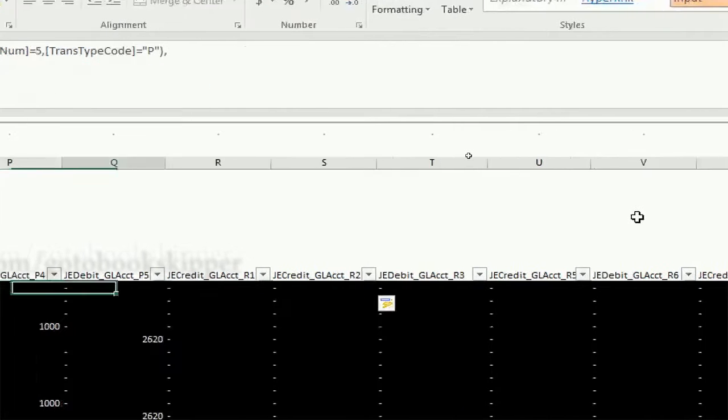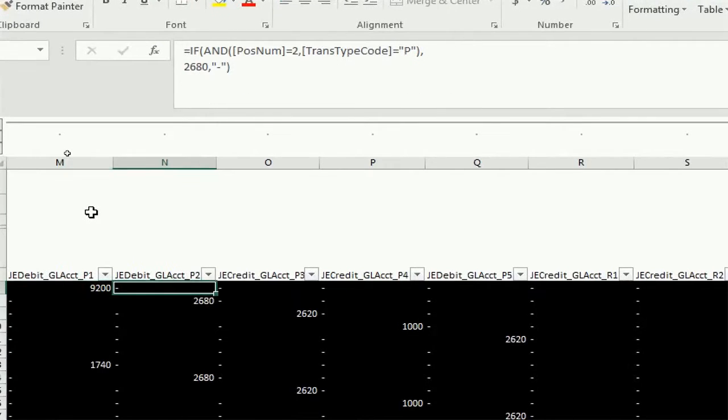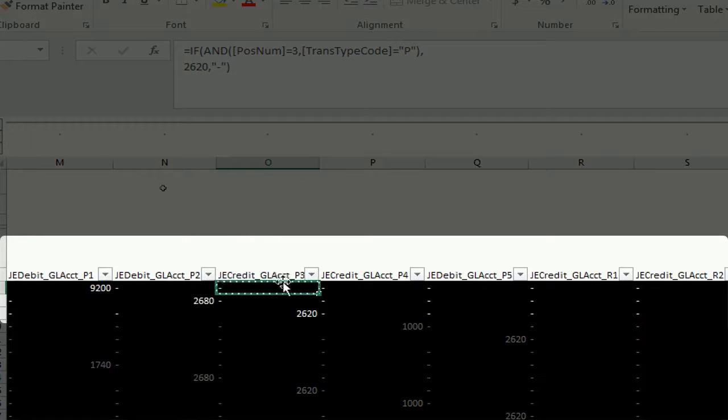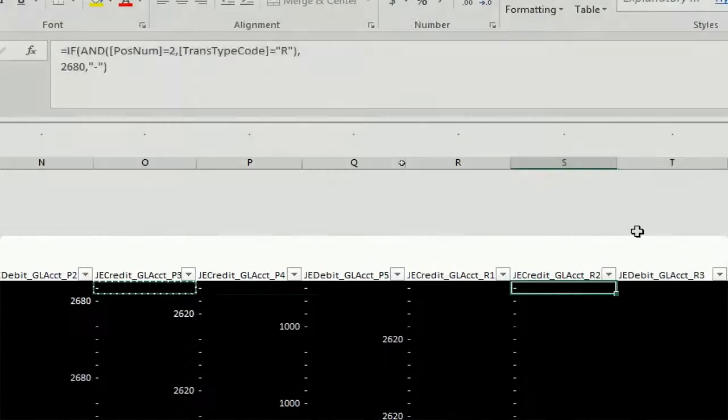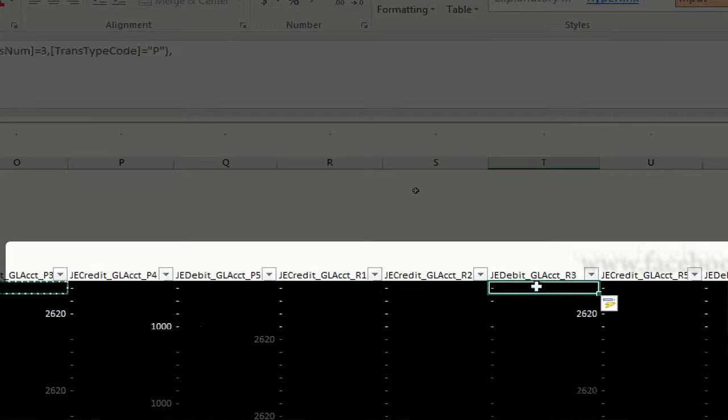So basically what we can do is, let me drop this thing. We can simply copy the position P3, which is this one, Ctrl+C, and then we move to the revenue R3 and Ctrl+V.